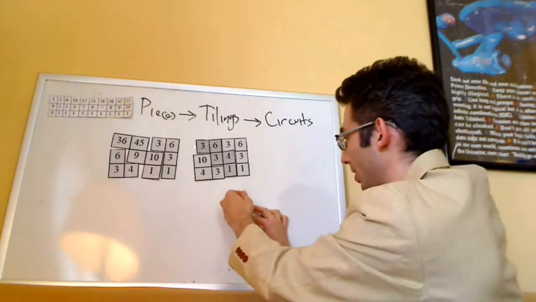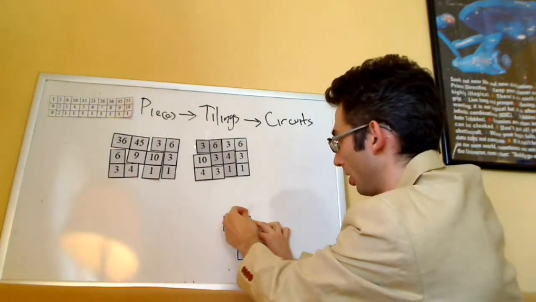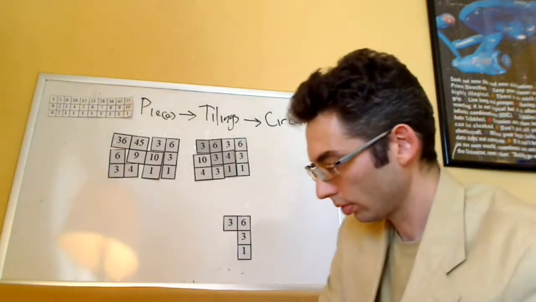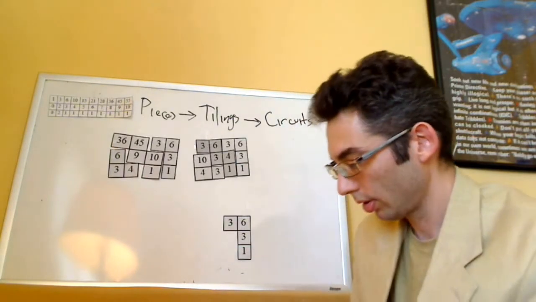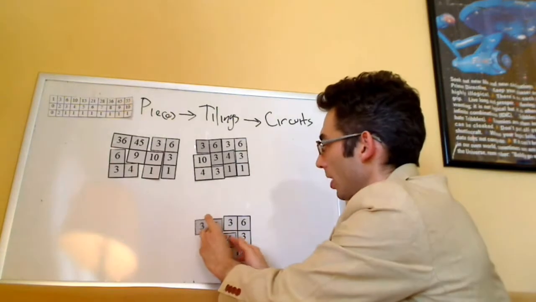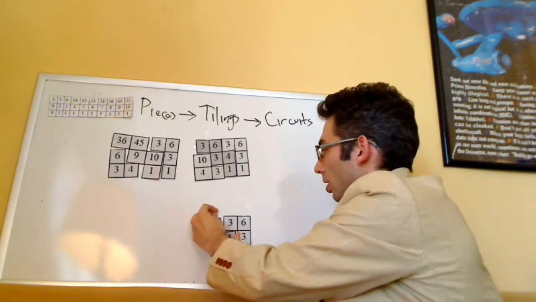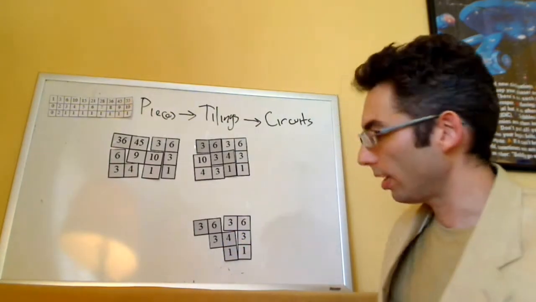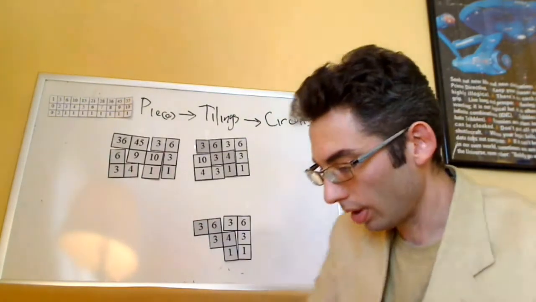So 3631 just comes down here. The W pentomino also just comes down here. And same thing for this guy.